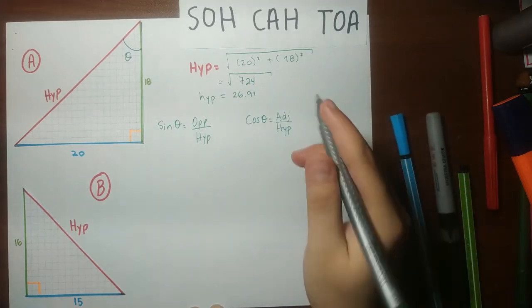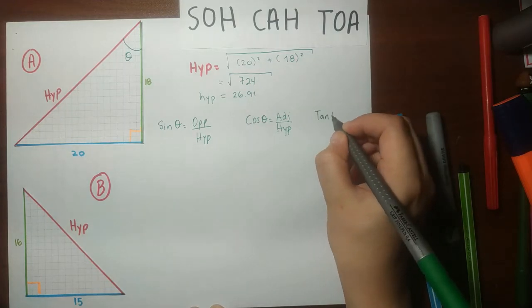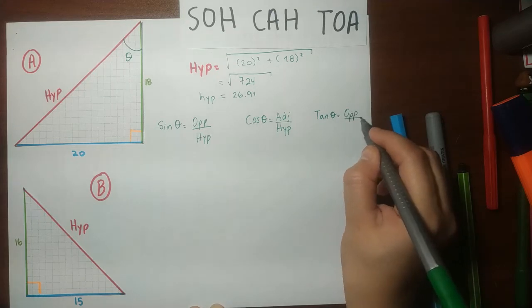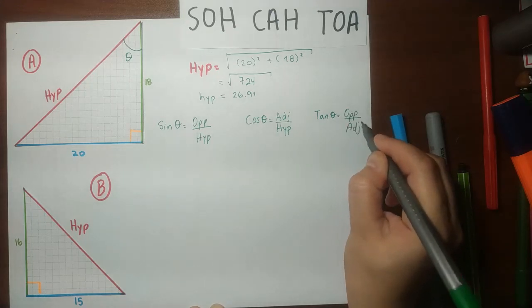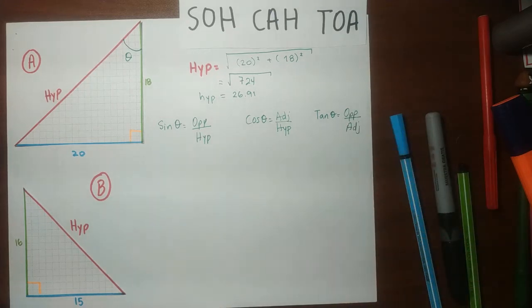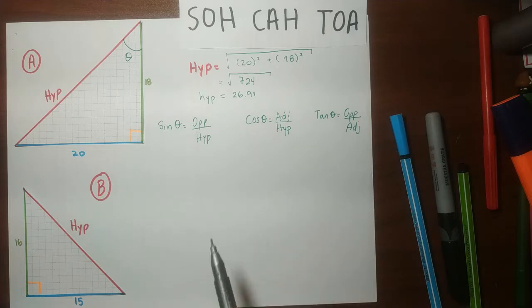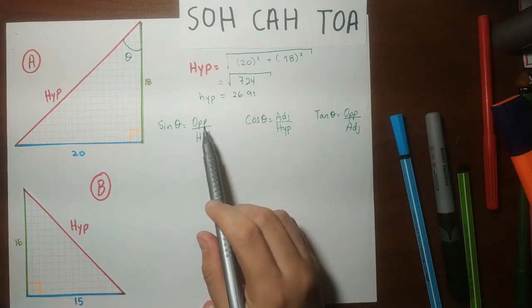And I know tangent is opposite over the adjacent. Now to get any of the trigonometric functions, we just have to substitute their values.